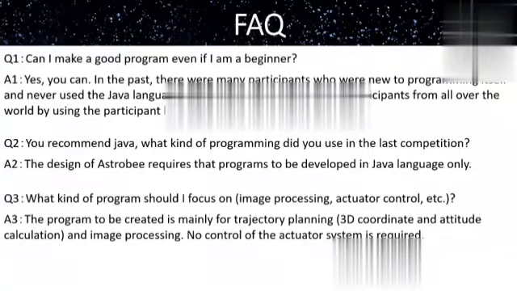In the trajectory planning, the participants will think about how to move the Astrobee along the most efficient path while avoiding keep-out zones. In image processing, participants are required to read the code data, such as AR tag, and processing of target image is also required for game to achieve higher scores. No control of actuator system is required.